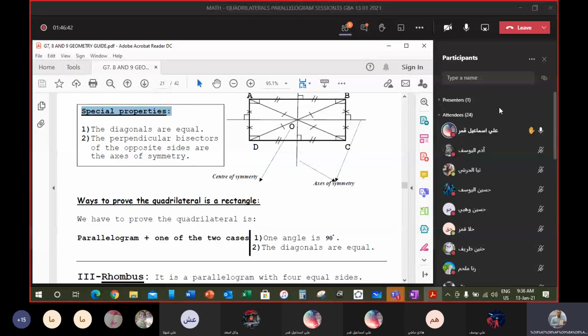Or plus the perpendicular bisectors of the opposite sides are the axes of symmetry. Very good. Or also one of the two cases.